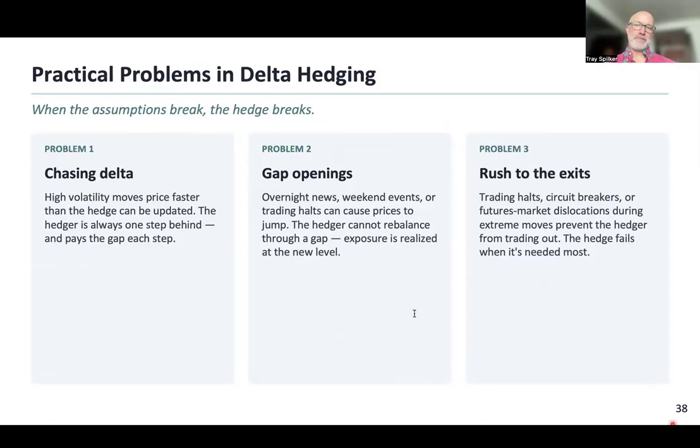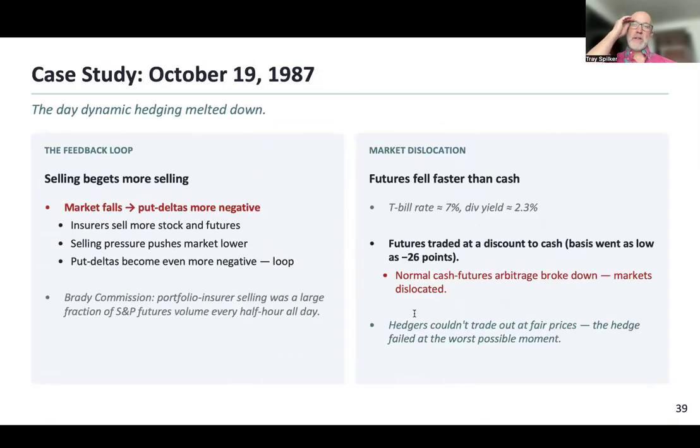And this led to the largest single day drawdown in the markets on October 19, 1987, where the Dow Jones index fell almost 23 percentage points, which is still the largest single day percentage decline in US market history. So what happened? Well, you have a bunch of portfolio insurers. You can think of pension funds and other institutions running dynamic hedging programs.